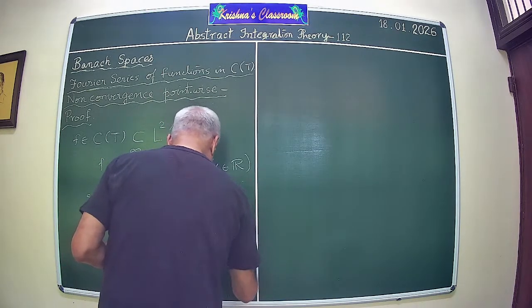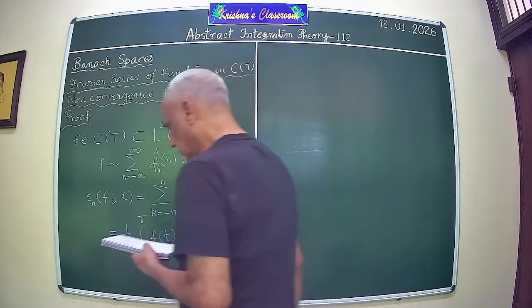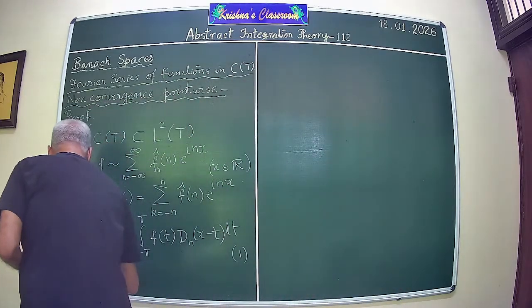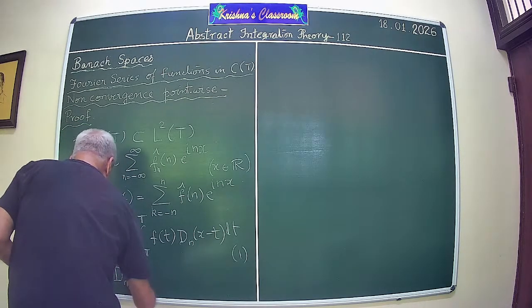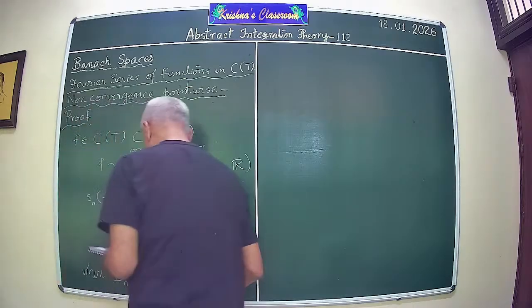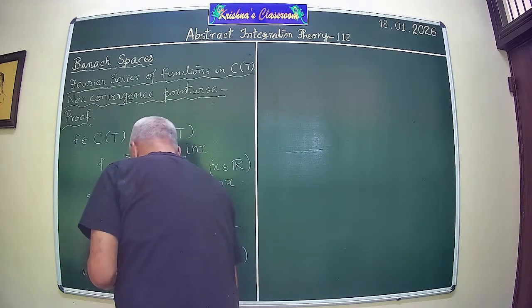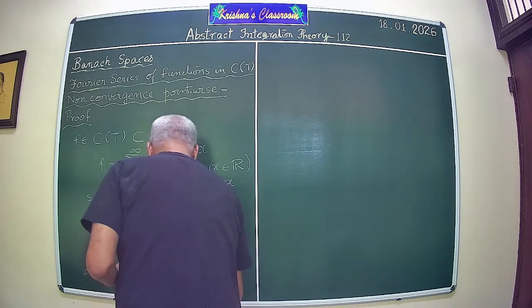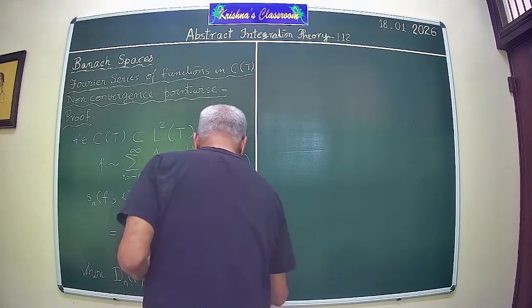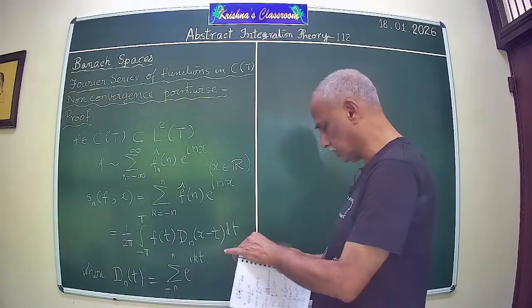This we have already computed. And then we have, of course, Dn(t) is equal to the sum from minus n to plus n of e to the power i k t. This we have estimated. So these are the first two equations, and we will be recalling these equations once in a while.